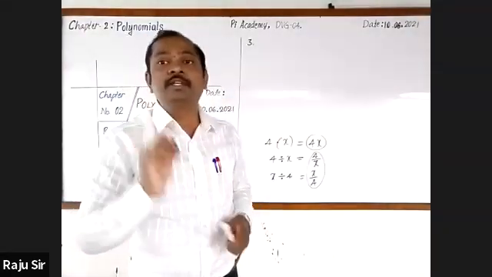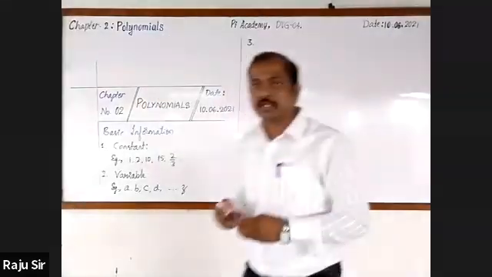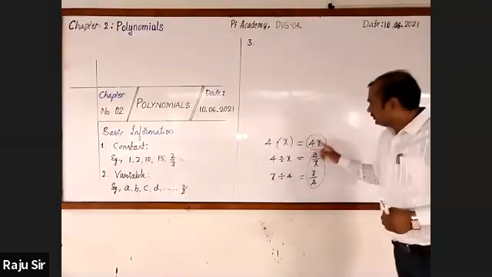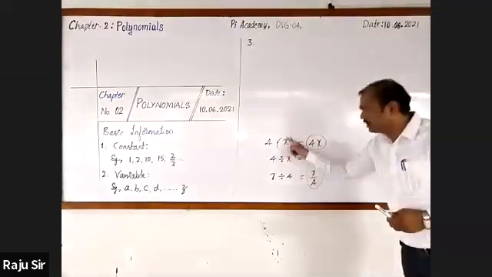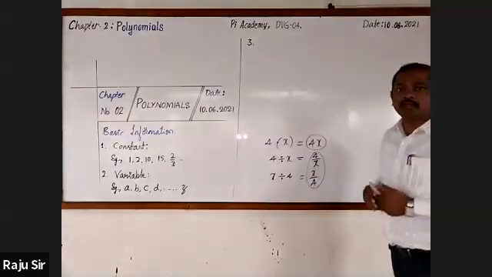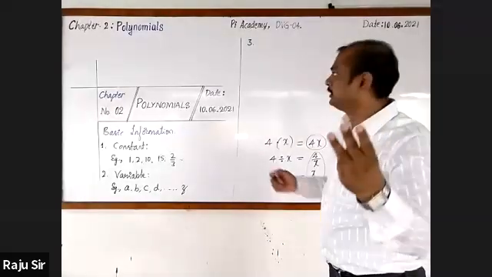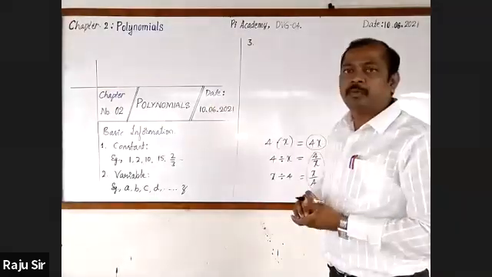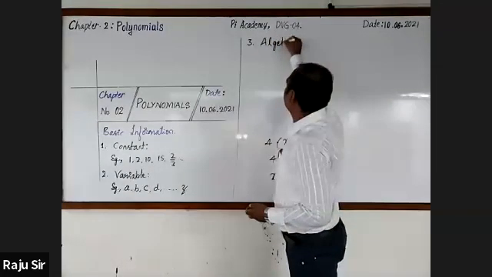It is an algebraic term. Once I repeat, the product or quotient of a constant and variables is known as an algebraic term. This is the third important information with respect to polynomial. Right. Algebraic term.